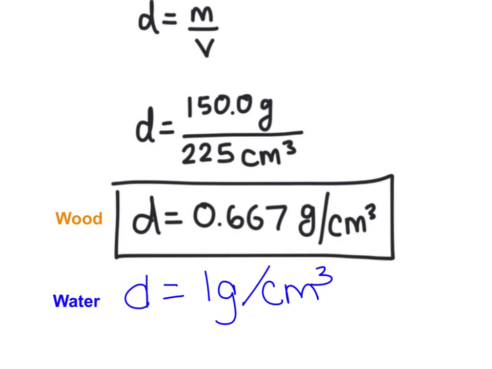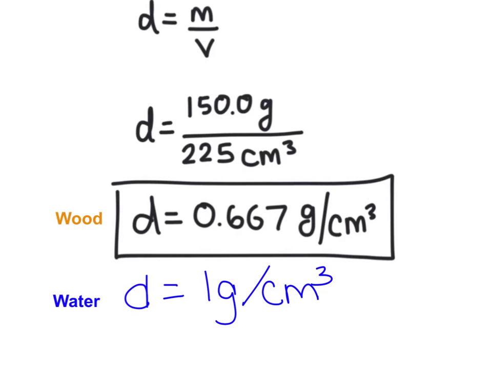So 667 thousandths versus 1. Is my wood going to be more dense or less dense? Just by comparing the mass, I can identify. This also decides: is my wood going to sink to the bottom? That means it's more dense than the water. And if it's less dense than the water, then my wood is actually going to float in the water.